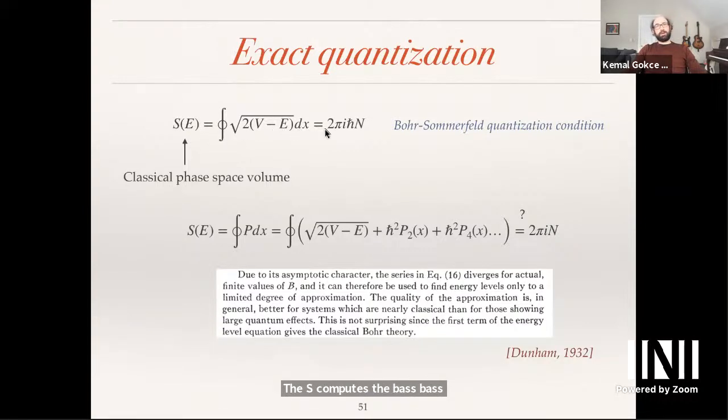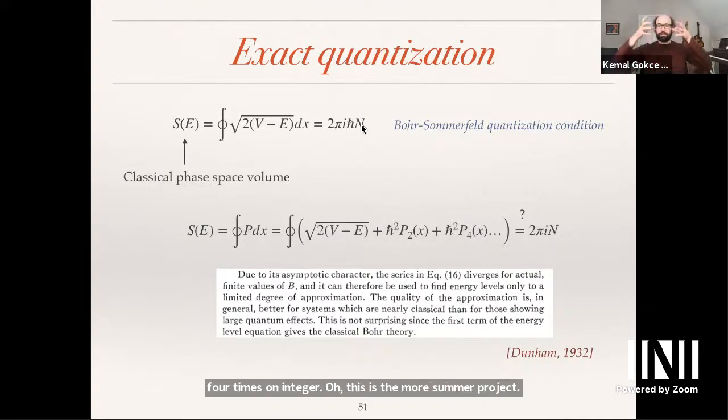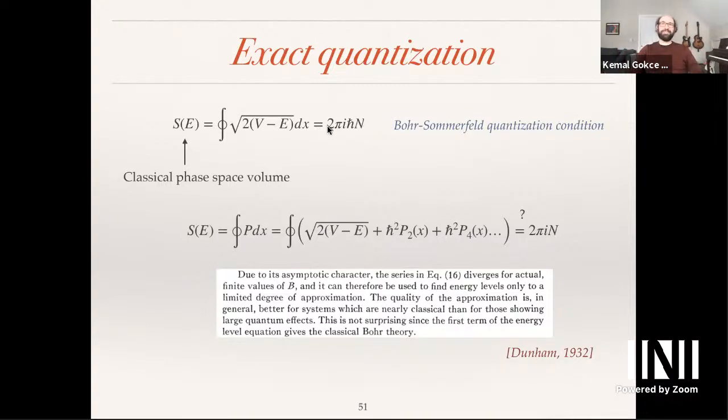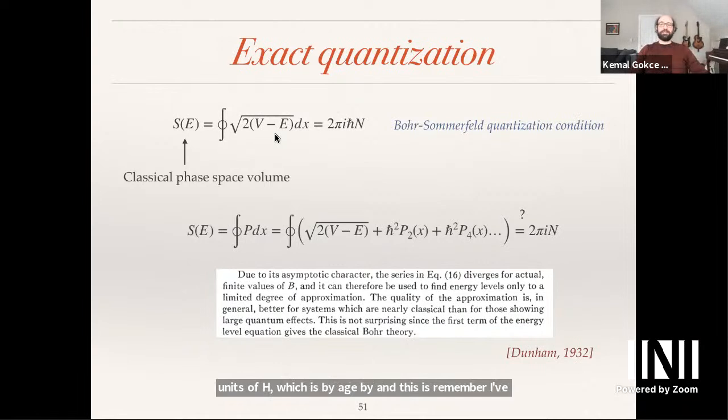And the condition was that it's 2 pi i times h bar times some integer. Well, this is the Bohr-Sommerfeld quantization condition, right? The volume in phase space is quantized in units of h, which is 2 pi h bar, and remember, I define my action and my momentum with a relative sign of i compared to the physics convention.